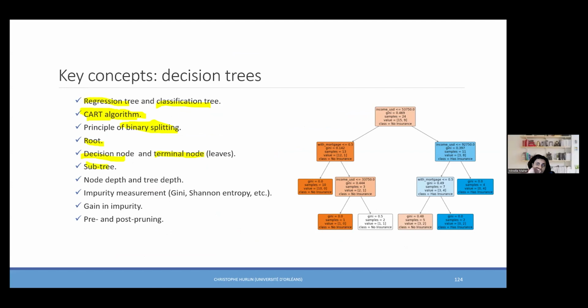You know what is a subtree. You know what is the depth of the tree. You know what is the impurity measure: Gini, Shannon entropy, log loss. You know what is the impurity gain, and the logic of the algorithm, and you know what is the pre-pruning or the post-pruning approach.